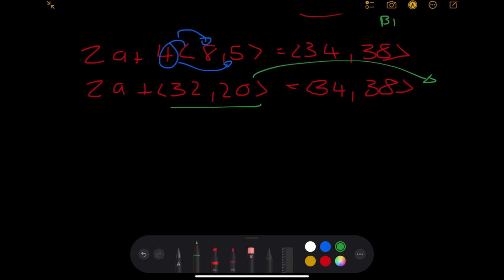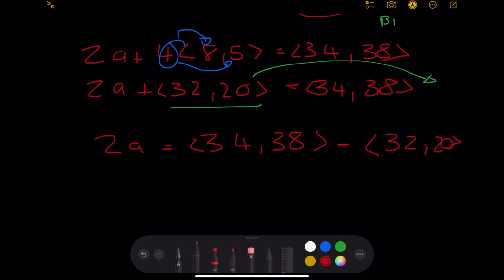So you'd be left with 2a is equal to 34, 38 minus 32, 20. Then 2a is equal to 34 minus 32, which is 2, and then 38 minus 20 is 18, right?